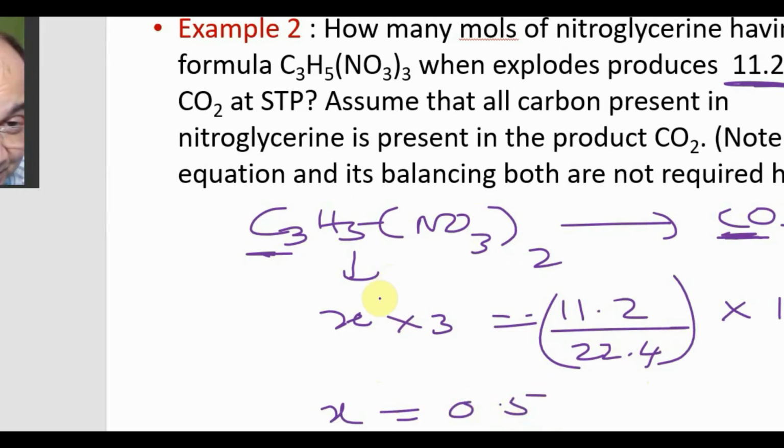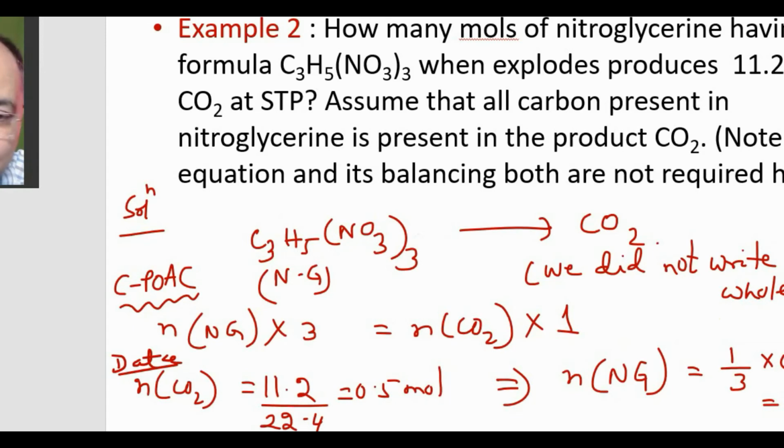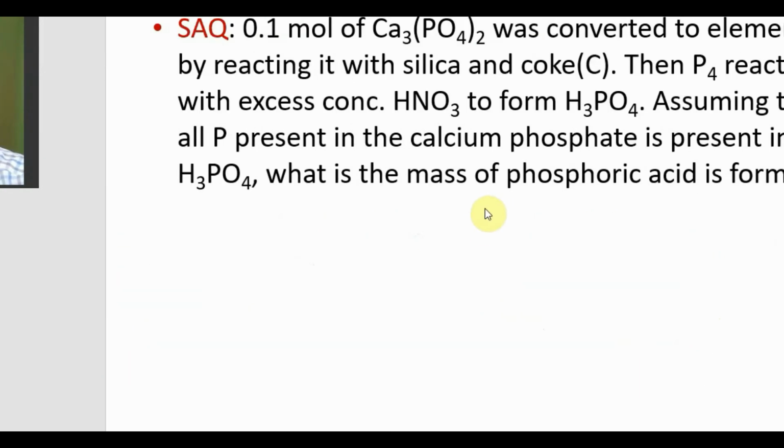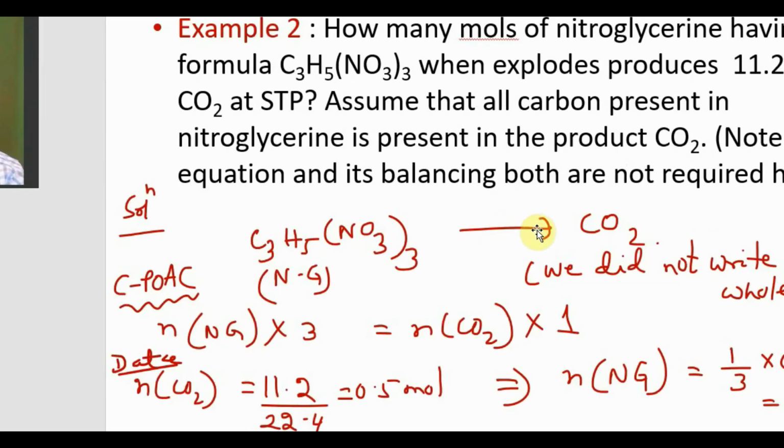The number of moles of this huge nitroglycerin is 0.167 moles. To convert into its mass is easy, but you have been asked to find the number of moles of nitroglycerin, not mass. So this is the moles, got it, right?